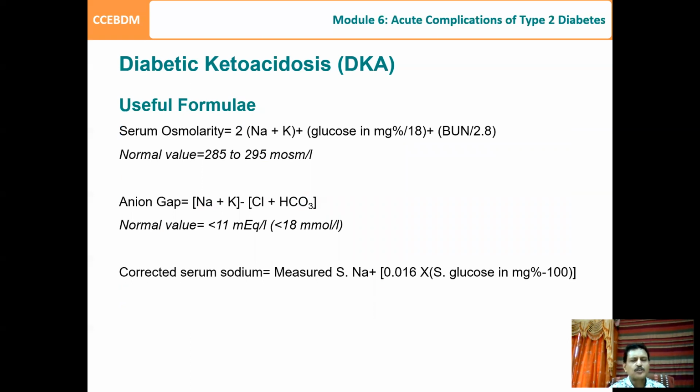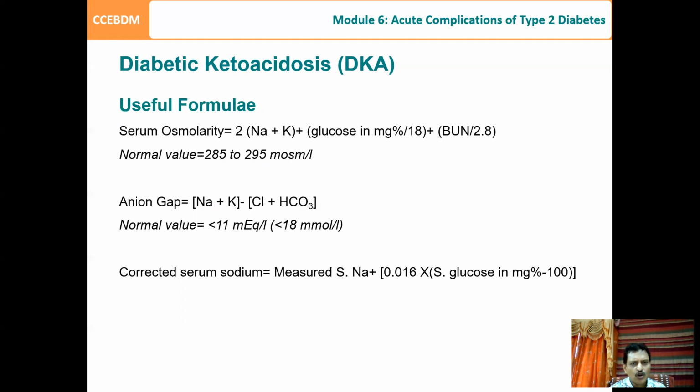Coming to a few important, useful formulas that we commonly use in the diabetic ketoacidosis state to understand the serum osmolarity. Serum osmolarity can be calculated by doubling the sodium plus potassium value, then adding the glucose in milligram per dl divided by 18, and then adding blood urea nitrogen divided by 2.8.